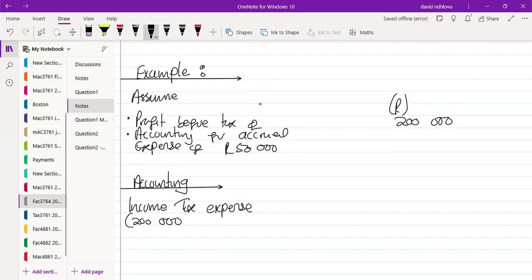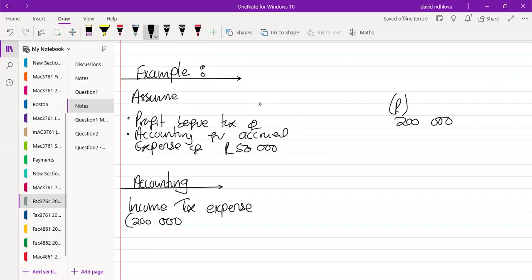So you need to check them out because they will never have an impact on the income tax expenditure. Such things as dividends, foreign income, donations, legal expenses, interest, fines, etc. So we don't have any of those things there.